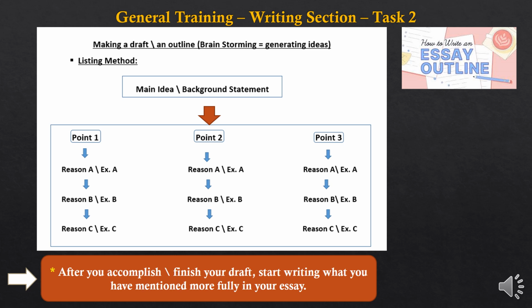Do the same to point number 3, write it down and then support it with 3 reasons or examples. In the end, after you finish your draft, start writing what you have mentioned more fully in your essay.